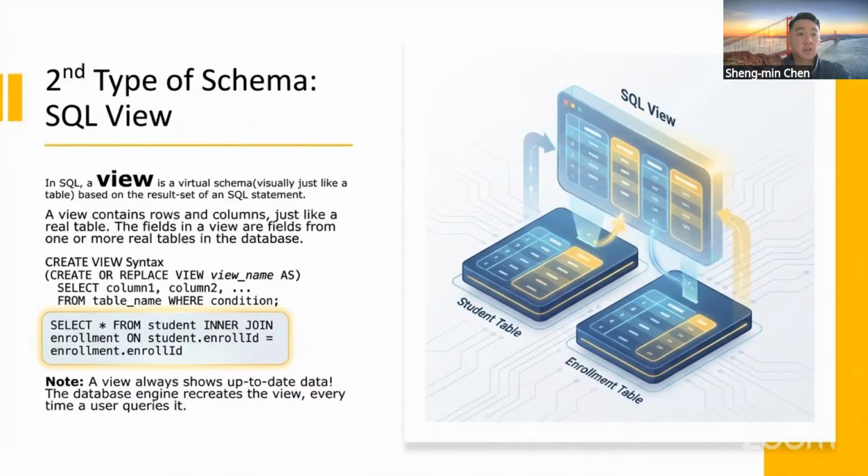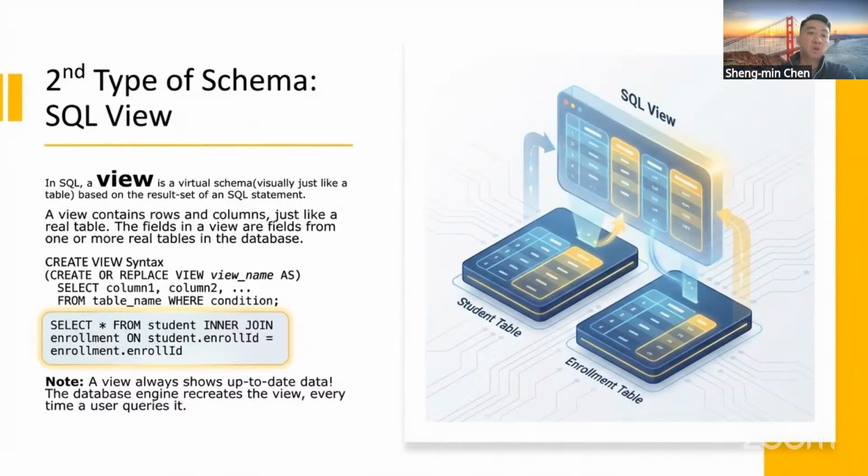So if you are calling this view, the way you would be calling this view will just be like a table, you can do select star from this view. It would have already memorized that you are trying to pull the result from your select statement that you previously defined this view on.